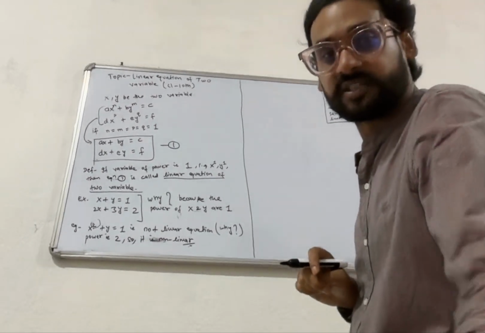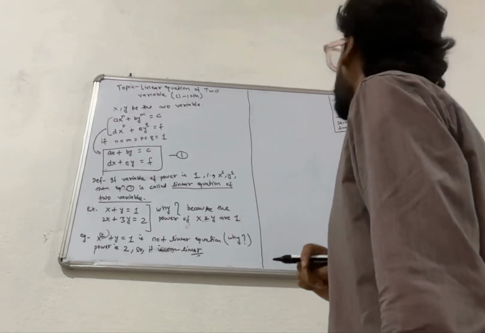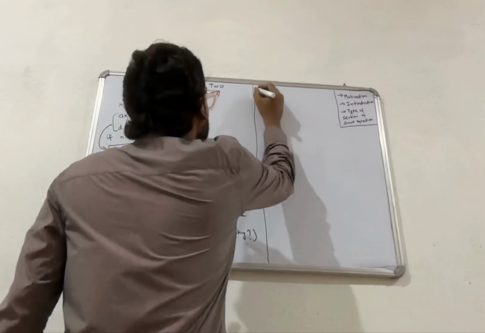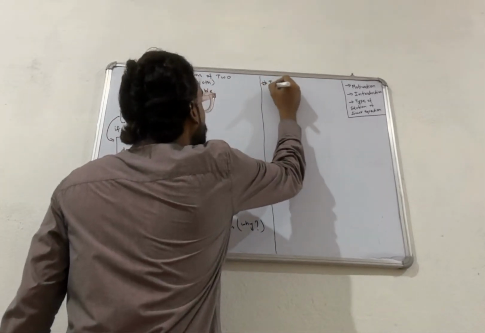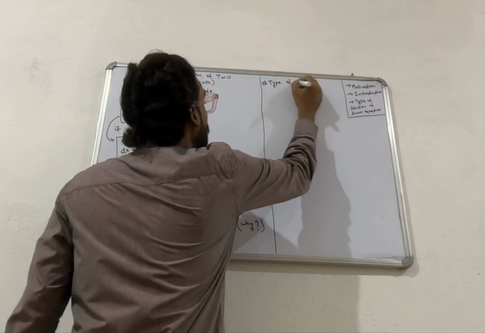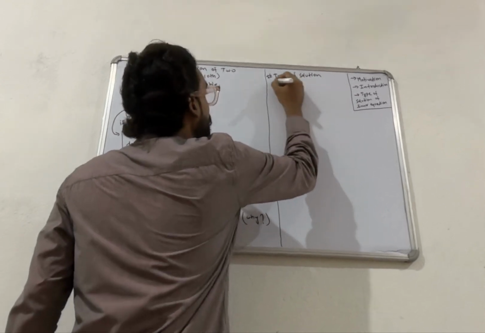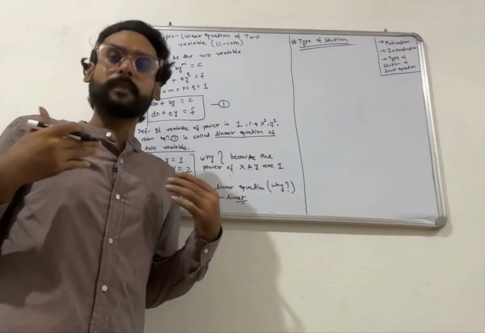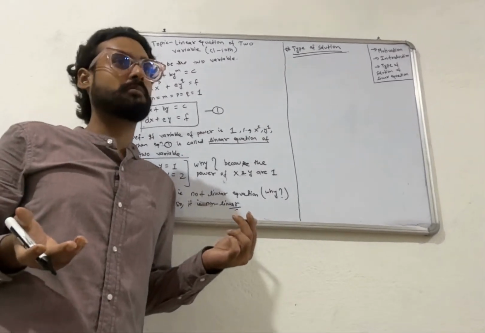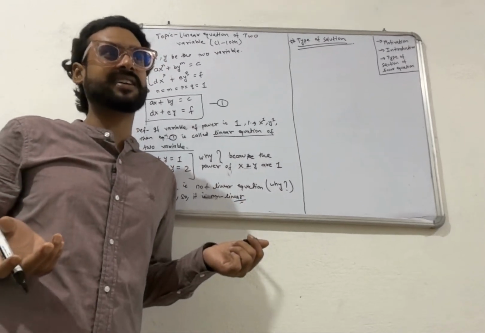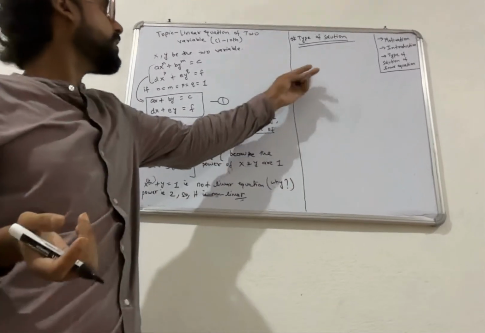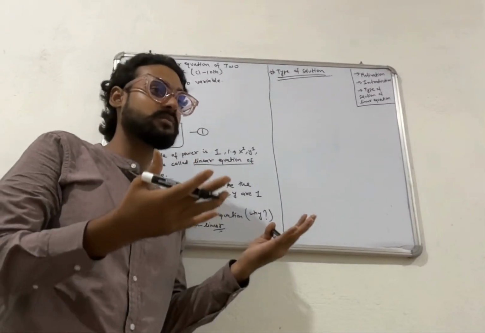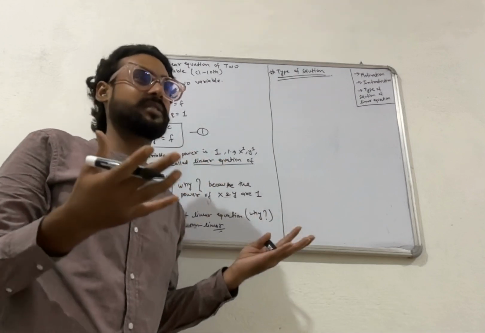So we are going to the next part, which is type of solution. In my style, let me clarify, when we are going to study something, firstly we are going to see how the solution or the equation will look.